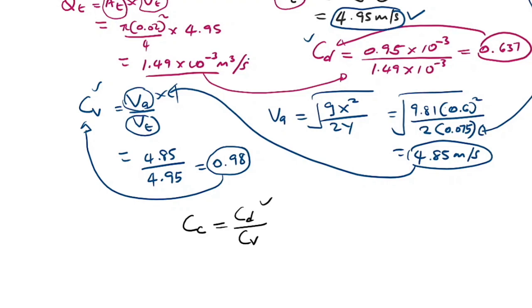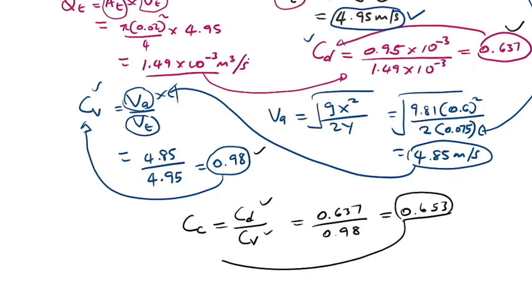You have the coefficient of discharge, you have the coefficient of velocity. Then you substitute Cd, it is here, 0.637 divided by the coefficient of velocity, 0.98. When you put this on the calculator, it gives you 0.653. That's the coefficient of contraction.